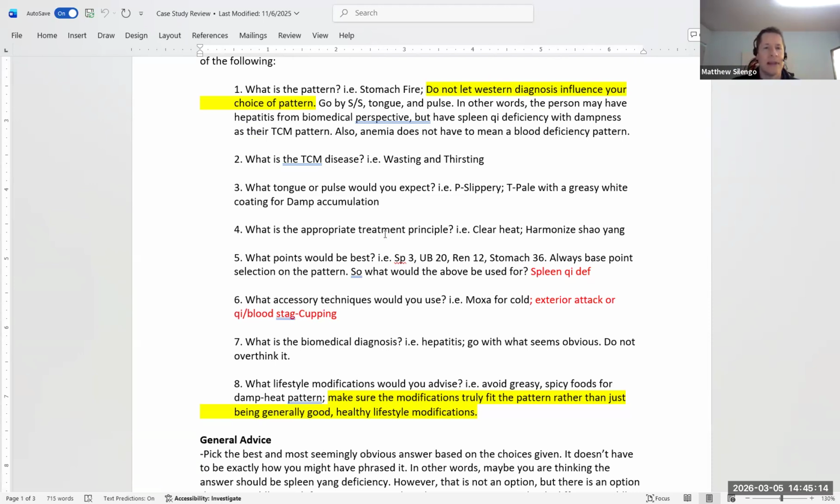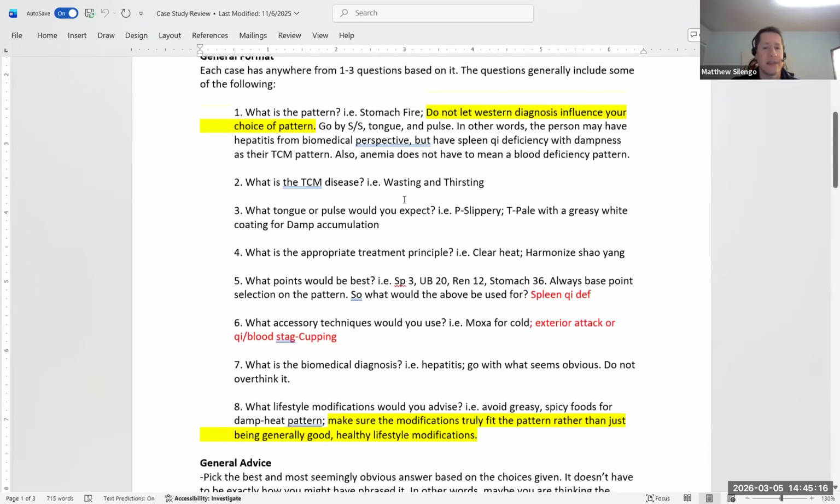One thing to be careful about is, and I can't emphasize this enough, that's why I highlighted it. Do not let the Western diagnosis in any way influence your choice of pattern. Sometimes they will tell you in the case, a 32-year-old male with a history of whatever it might be, with a history of asthma or a history of hepatitis B, whatever it might be, don't let that influence your choice of pattern in any way.